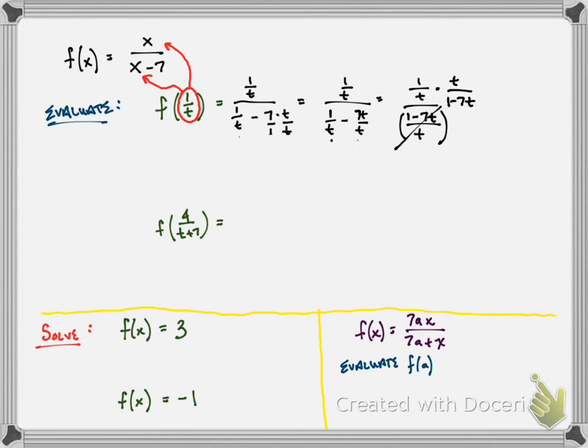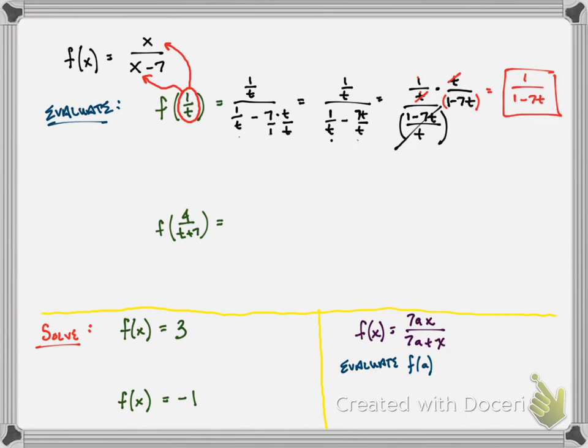Now, what you have is 1 times t divided by t times the quantity 1 minus 7t. So we have t over t reducing to 1, and that leaves us with 1 over 1 minus 7t. That's the cleaned up, simplified version of f of 1 over t when f of x is x over x minus 7.